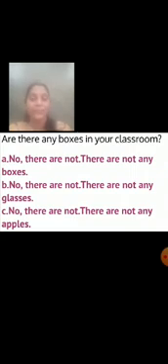Option C. No, there are not. There are not any apples. Now, see kids, in these three options, different things are used. Okay. Now, the question is asking about boxes. So, which option is correct?